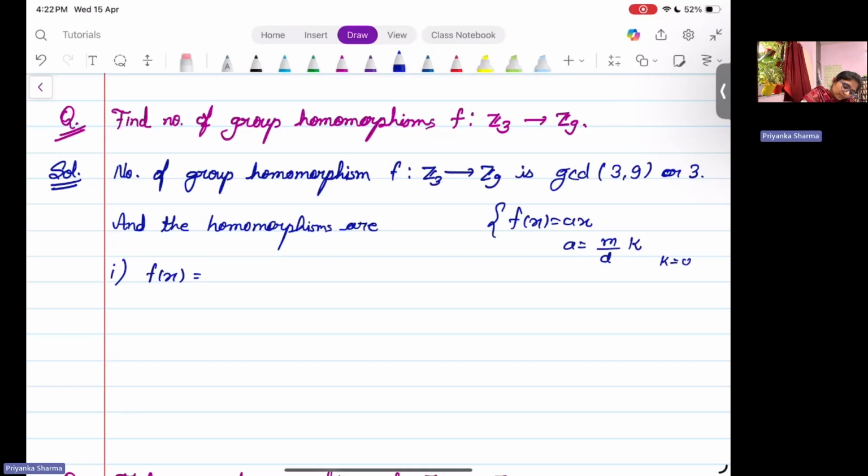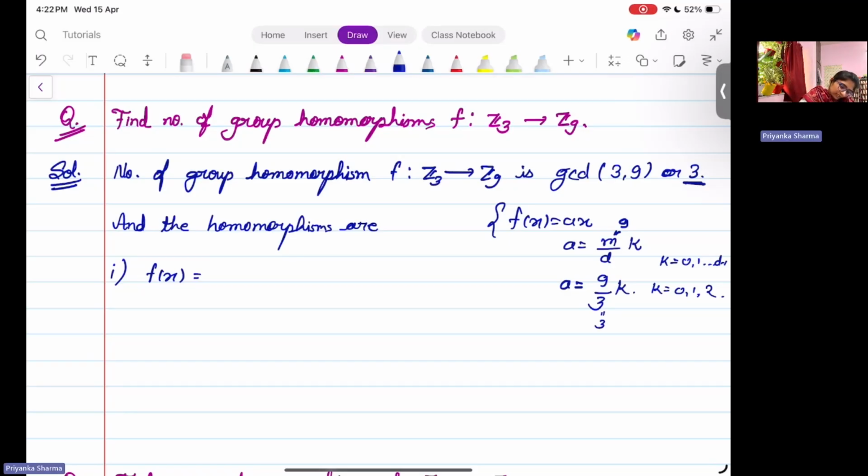Here this k varies from 0, 1 to d minus 1. And what is d? That is 3. And what is m? M is 9 here. That is, we have a will be 9 by 3 into k, and k varies from 0, 1, 2.